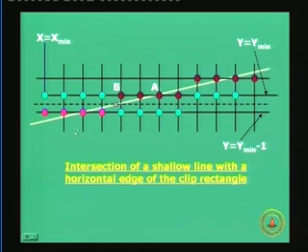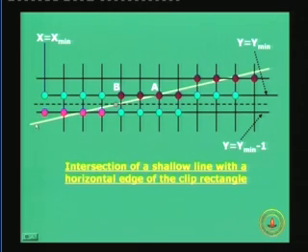If we carefully see here, neglect the color for the timing and see the dots, the points which are on and within the clip rectangle are marked by this brownish color. There are 4 pixels on y equal to y min and 4 pixels on y equal to y min plus 1.